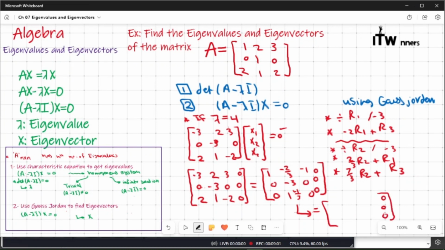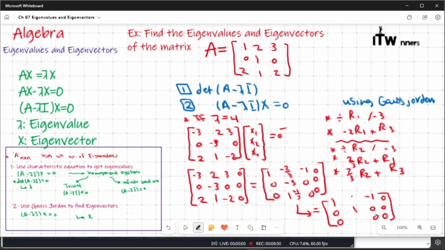0, 0, 0. Here we have 1, 0, 0, and dividing by negative 3 we have 1, 0, and negative 1, 0, multiplied by 2 thirds, then add to the first row.